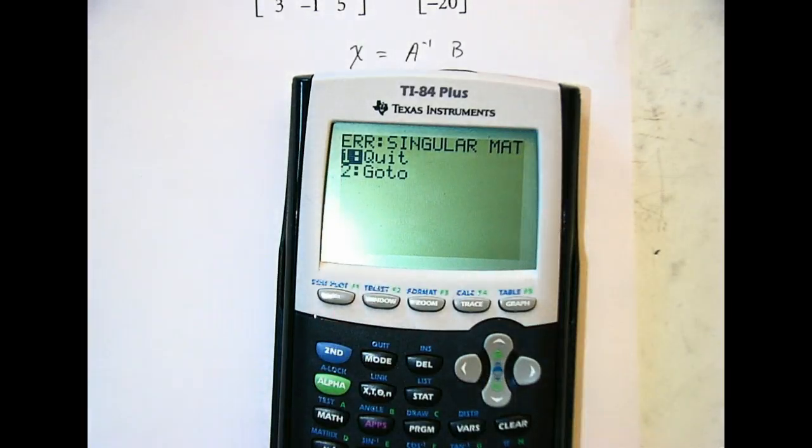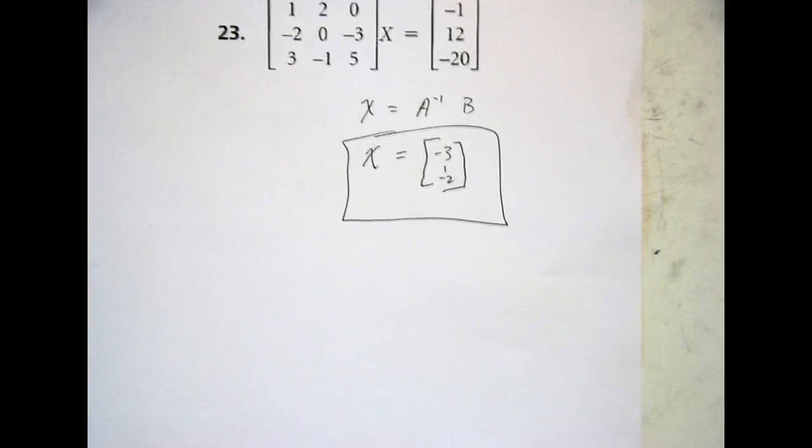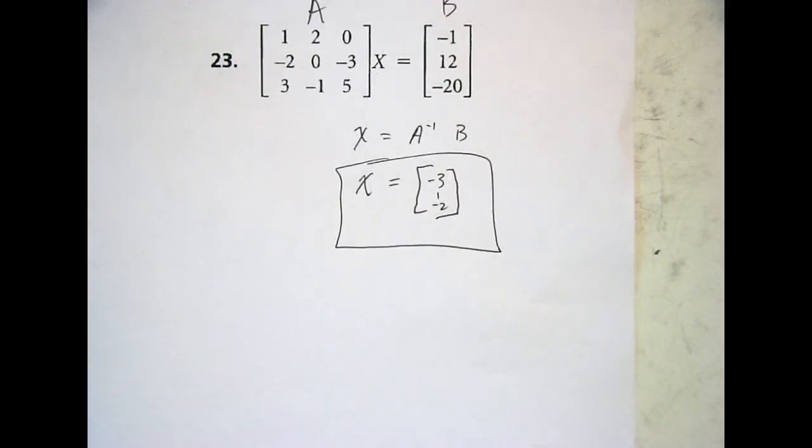That means there's no inverse. Either that or you can't multiply the two matrices, like the dimensions don't match up. I would always just double check my matrices then, but for sure it could be no inverse, or the matrices won't match up in terms of multiplying A inverse by B.